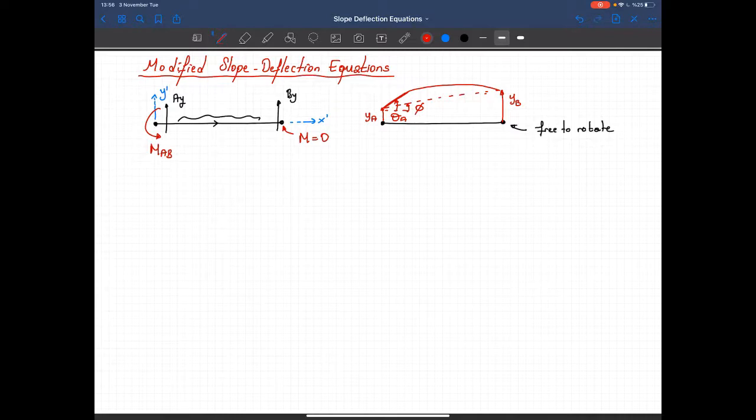Now let's use the same approach. I'm doing the superposition again. In the first case, no nodal deformations. So I put a hinge support here just to show that moment is equal to 0 and this end is free to rotate. That's the condition of this derivation.